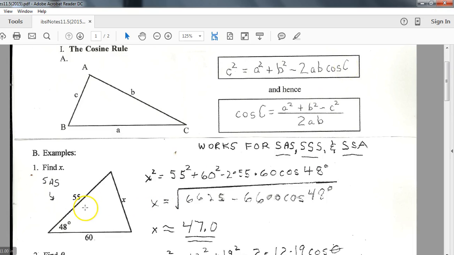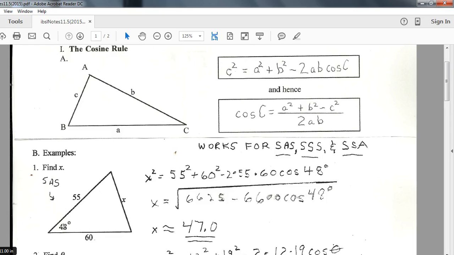So if I'm looking at this one right here, obviously this will be the angle I'm working with. Let's call that angle C. That would make this side c, which is where you're getting the x squared right here, which makes the other two sides A and B. So the two sides that form the angle are what we would call A and B.